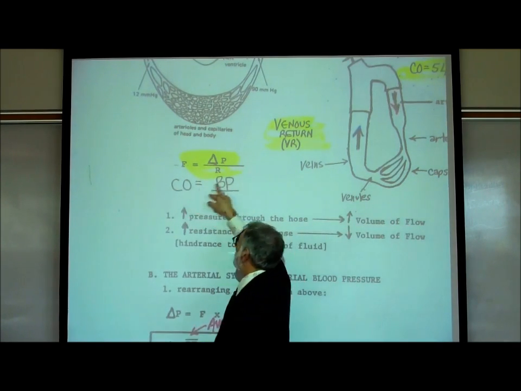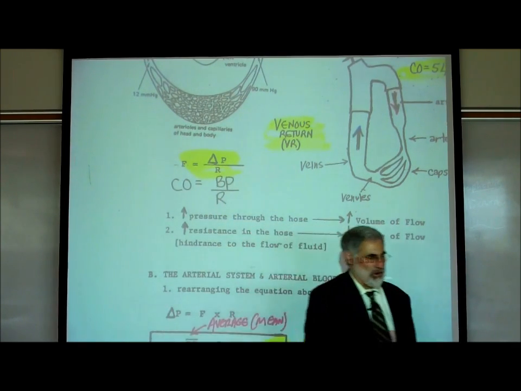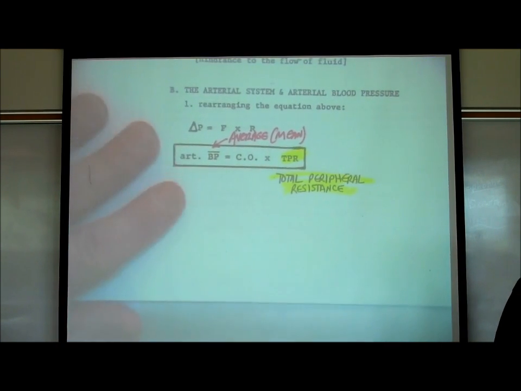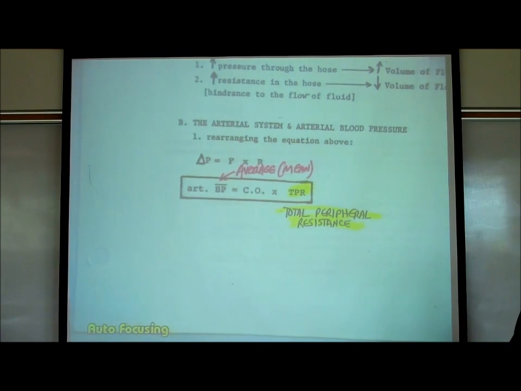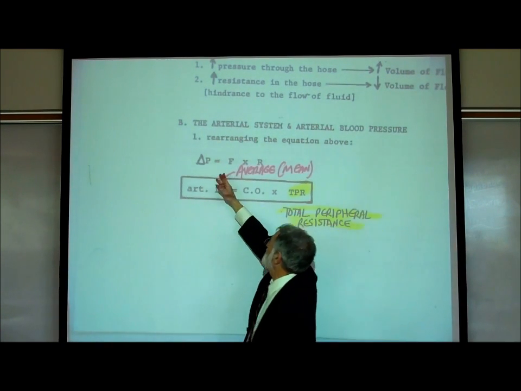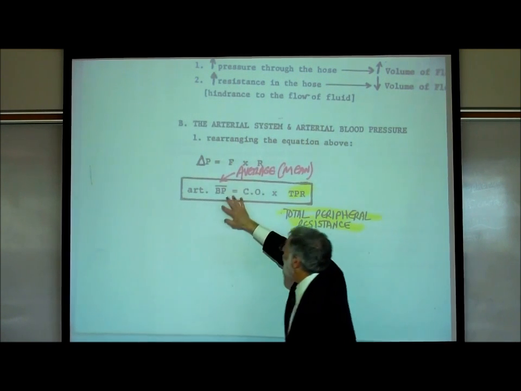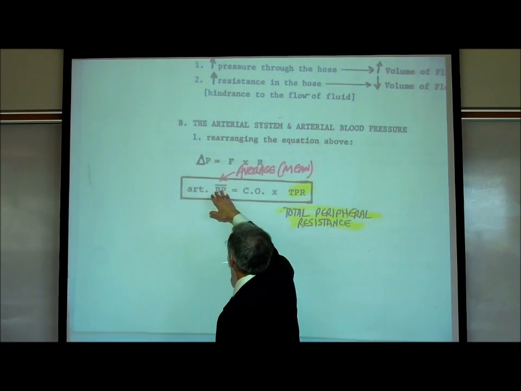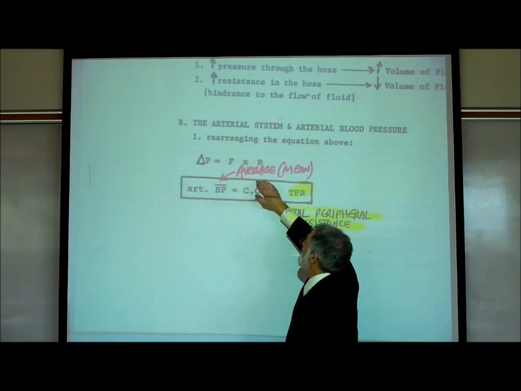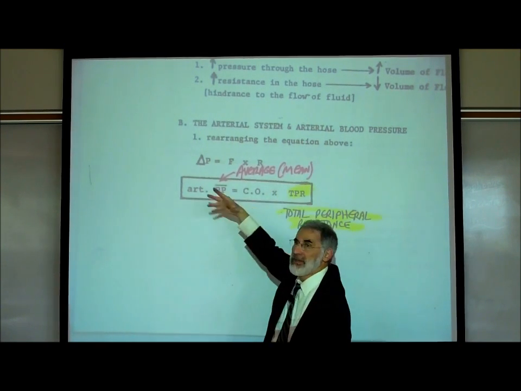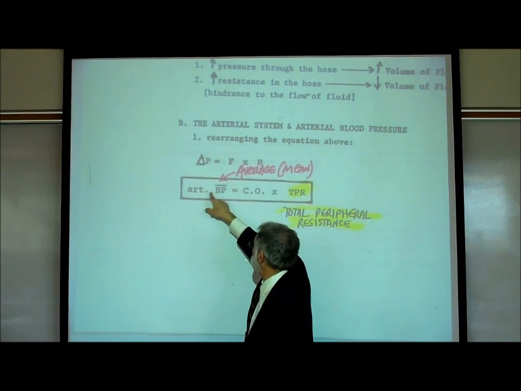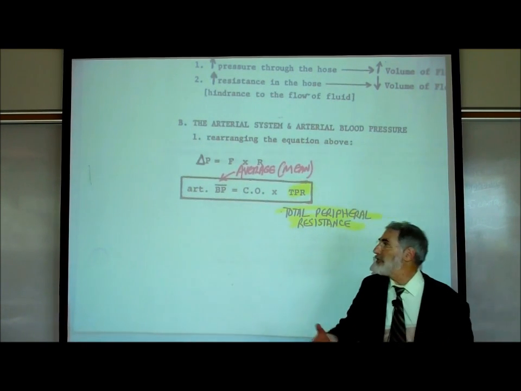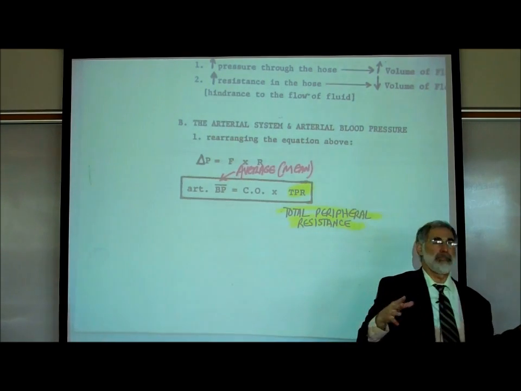Now, in fact, we can rearrange these three terms. We know that if we know any two of these terms, we can solve for the third. So rearranging these terms, as you can see at the very bottom, pressure is equal to flow times resistance, or using our cardiovascular terminology, the mean or average arterial blood pressure is equal to the cardiac output, which we know refers to blood flow, multiplied times the TPR.